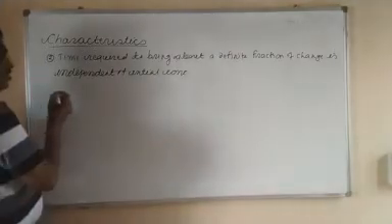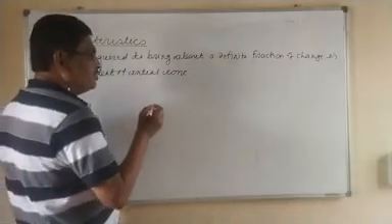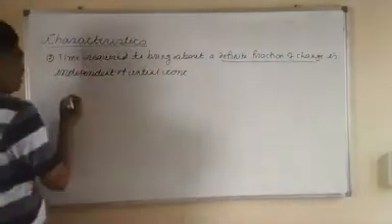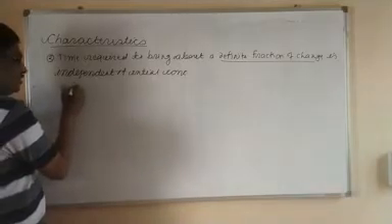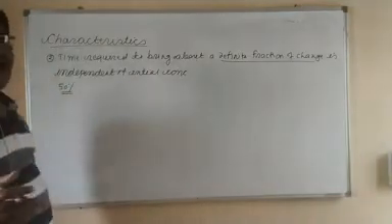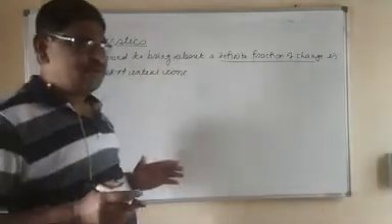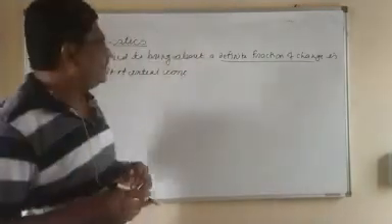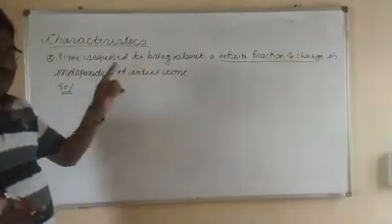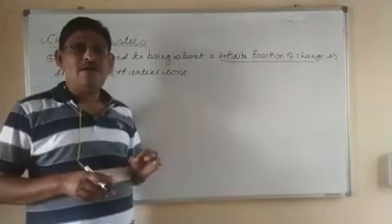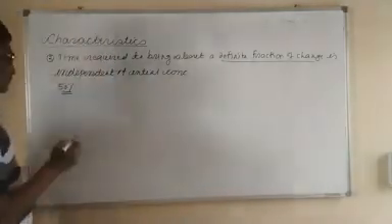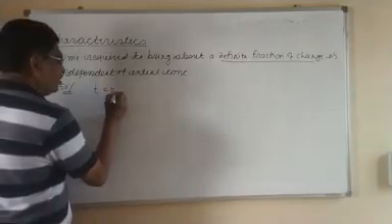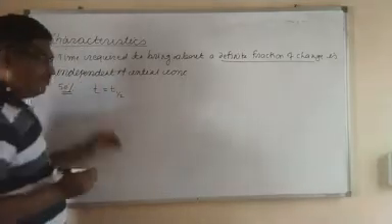Suppose we consider a definite fraction of change. It is 1/2, that is, 50% change is to be carried out. And the time required to bring about 50% of change, or 1/2 of the initial concentration, is said to be the half-life period. That means we are going to derive the equation for half-life period. How can it be derived? Here t is equal to t 1/2, the half-life period or t 50%.